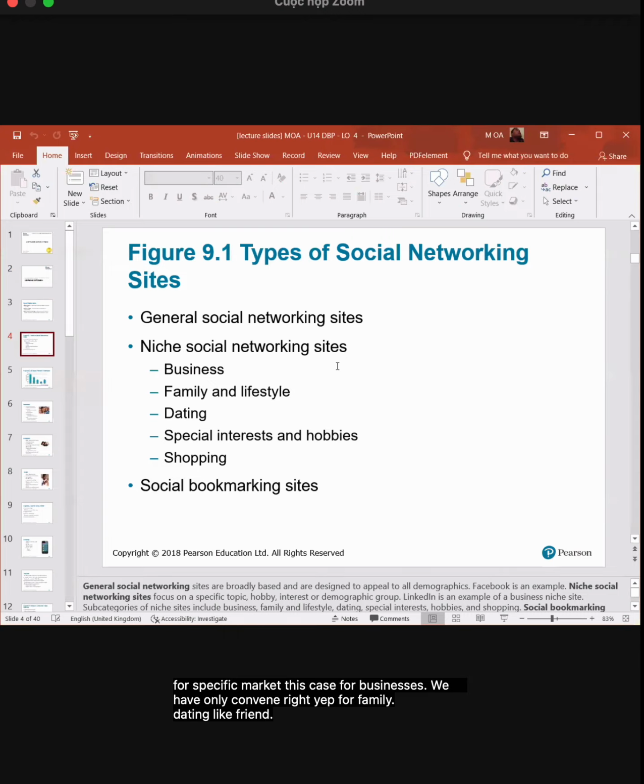You have special interests, hobbies, and shopping as well. And then you have these social bookmarking sites where you can share some of your preferred websites. In academics, we have Mendeley that has a social component where you can share the articles that you find interesting with others. Yeah, so academic articles.